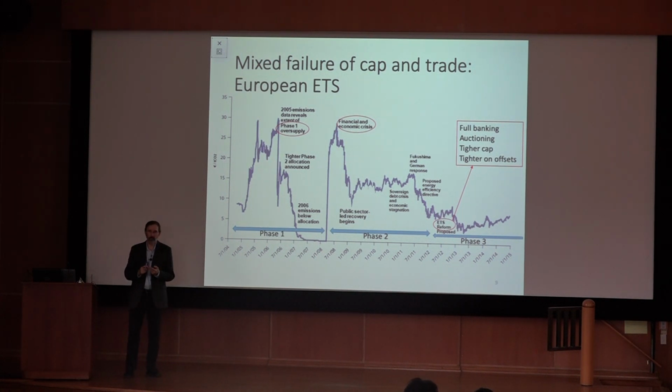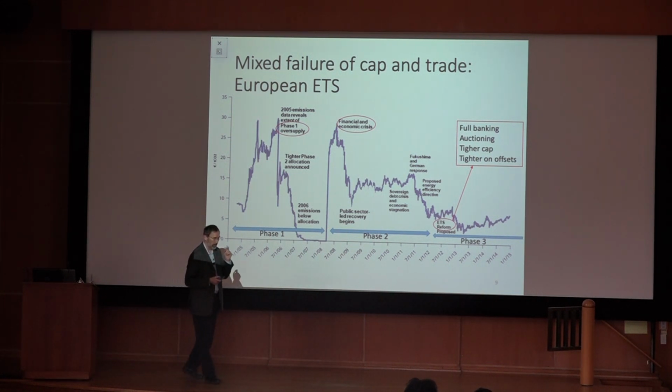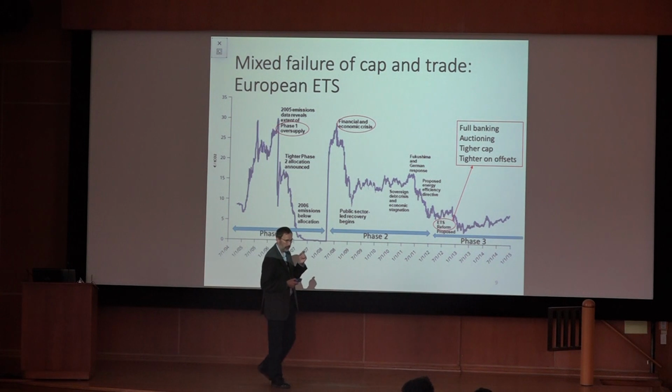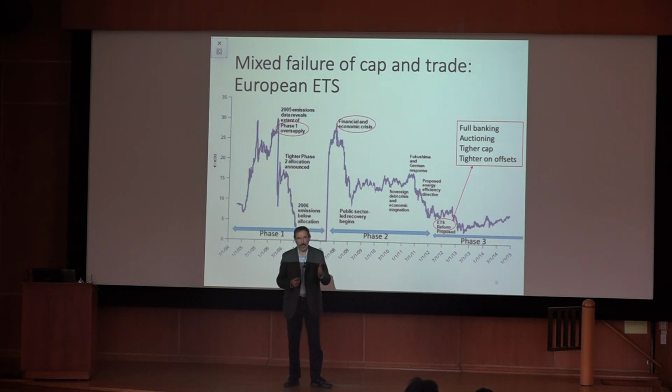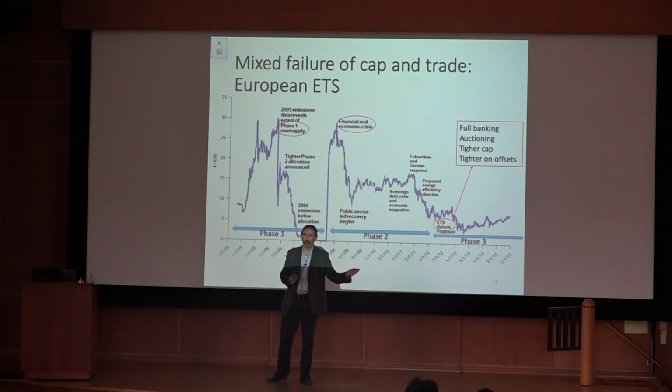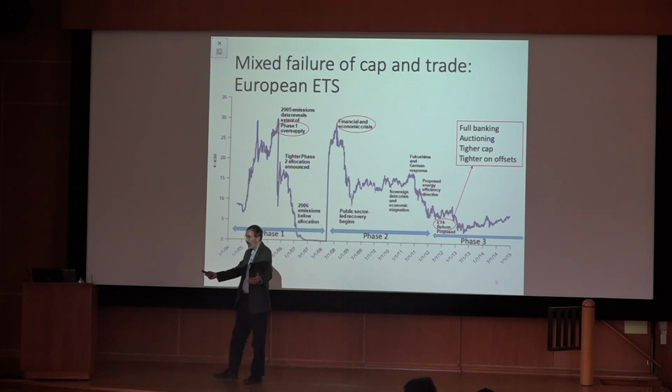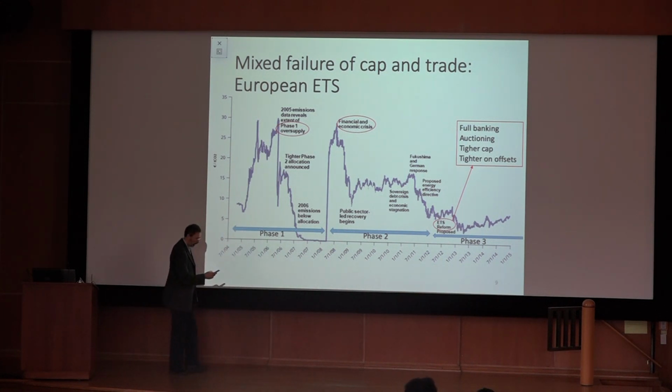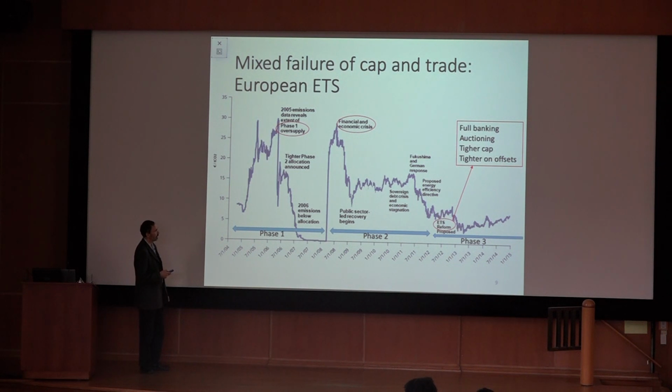Another mistake was that there were several phases, and the first phase was to end in 2008, and the permits were not bankable, which means that those permits that you had not used during the first phase had no value. You could not keep them and use them in the second phase. So of course the market collapsed because these things had no value at the point where they could not be used anymore. There were two reasons for this collapse, and that was pretty discouraging.